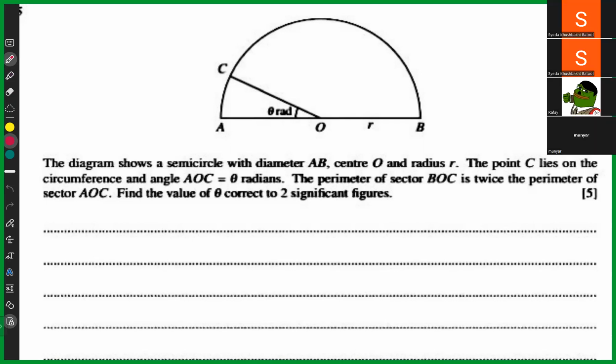Let me quickly see. So it's like May, June 11 and 2019, question number 5, right? I am just checking that once again.